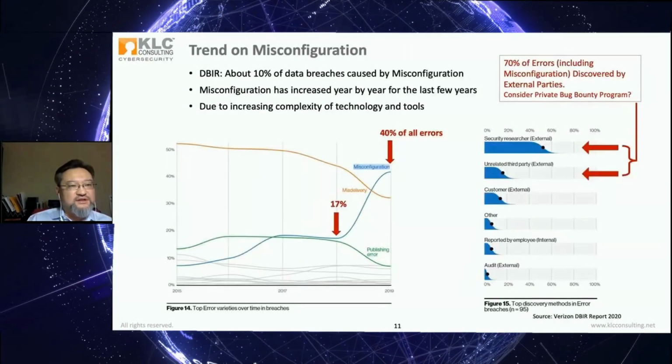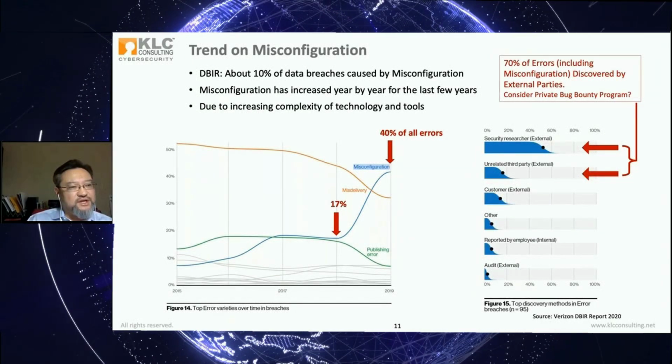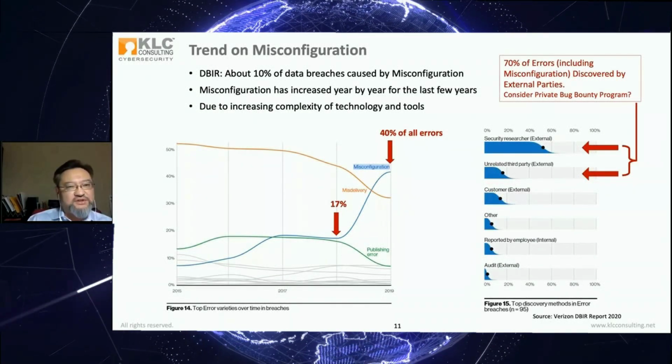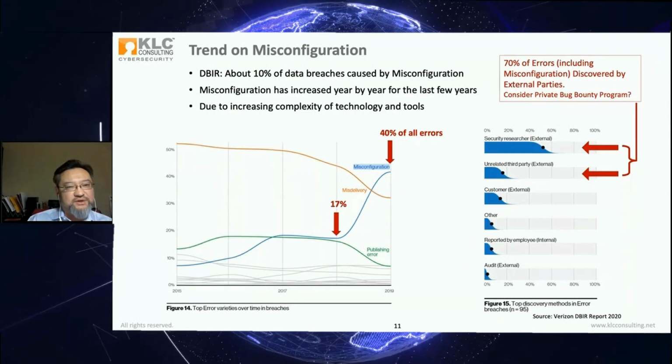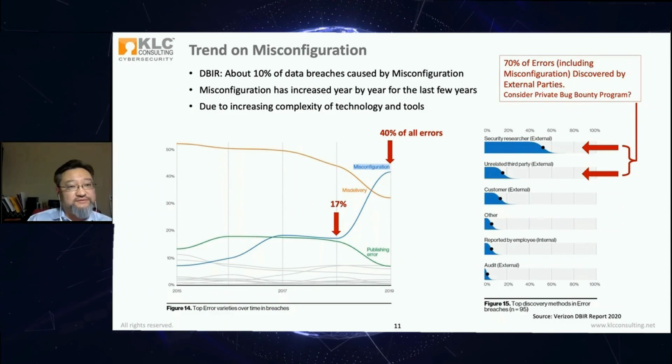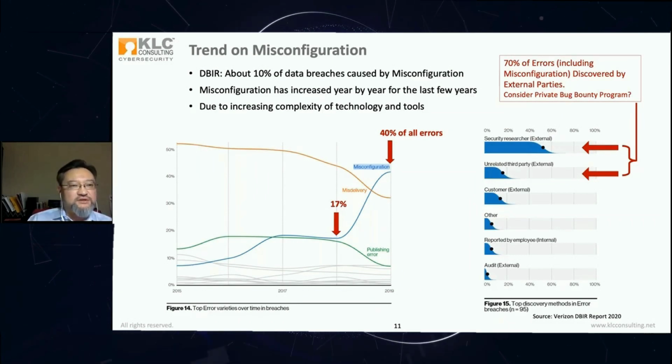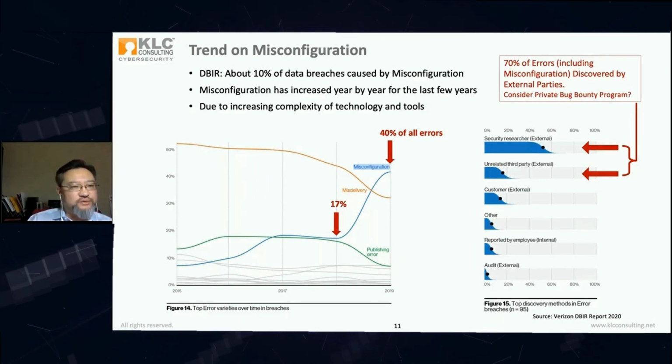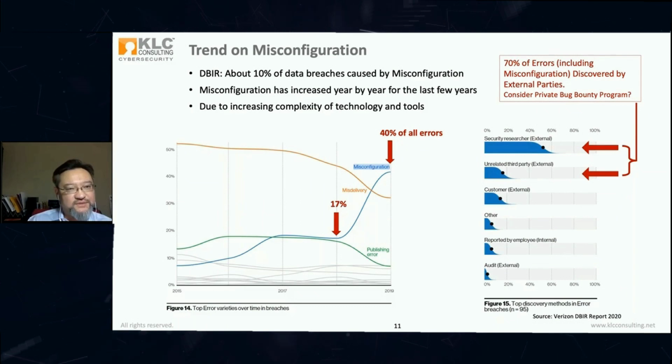Okay, so let's take a look at misconfiguration as well, because misconfiguration is what we see as a problem out there. If you don't have a secure configuration, you're going to introduce vulnerabilities to your application and the APIs. In the Verizon DBIR reports, about 10% of all data breaches are caused by misconfiguration, and misconfiguration has increased year to year for the past few years.